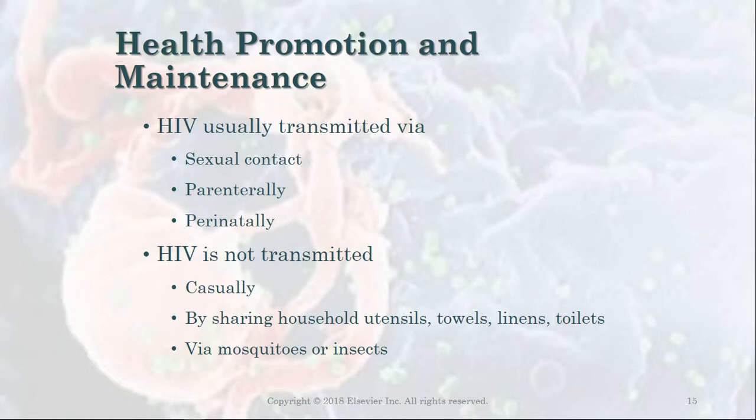One thing to note is how it's transmitted. HIV is usually transmitted via sexual contact, parenterally, or perinatally. HIV is not transmitted casually. It's not transmitted by sharing household utensils, towels, linen, or toilets, or by way of mosquitoes or insects.